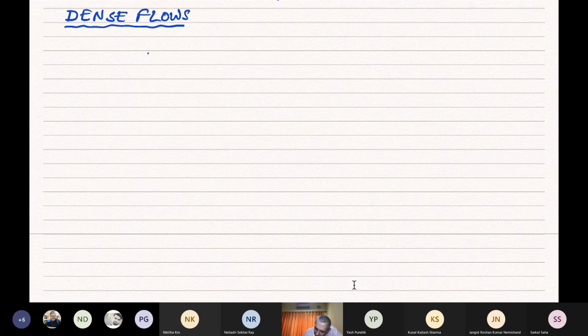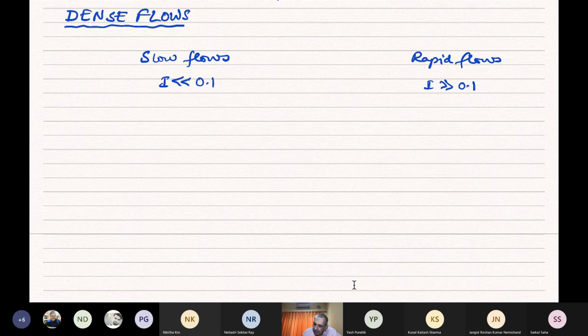What we looked at is slow flows, where your inertial number is much less than 0.1, and we looked also at rapid flows in which the inertial number is much greater than 0.1.